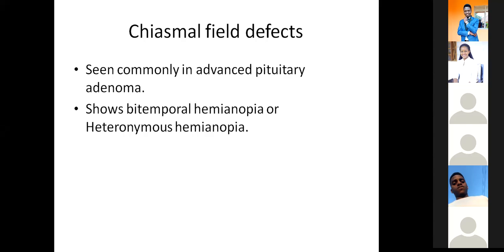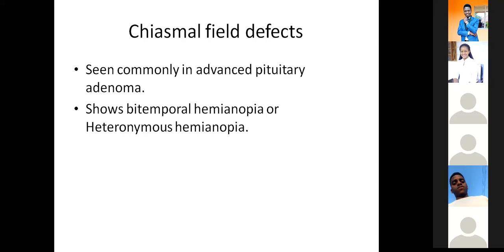But also you can see chiasmal problems when you have issues with the carotid artery, like carotid cavernous fistula, because both the carotid arteries lie in the cavernous sinus, within the anterior cranial fossa, and therefore they can also have effect on the chiasma from both sides.